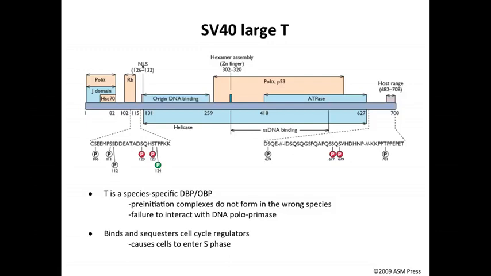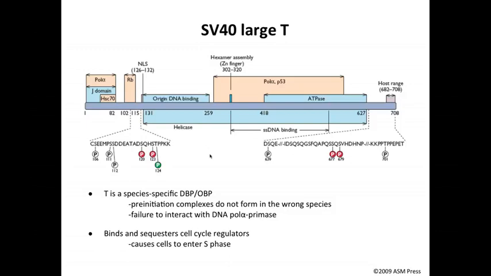What else is important here? There are two interaction sites for proteins that are labeled RB and p53. These are incredibly important, as you will see, not only in this course, but in the second part as well. RB and p53 are crucial cell proteins that regulate the cell cycle.